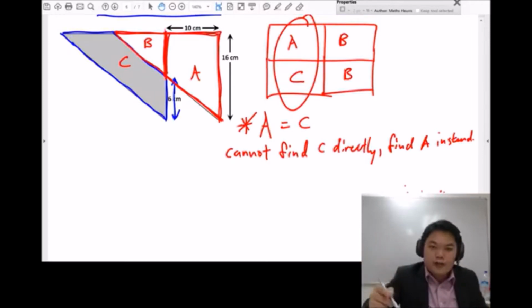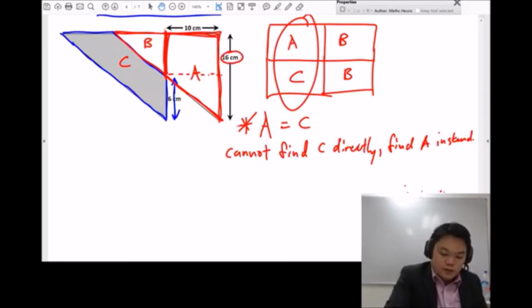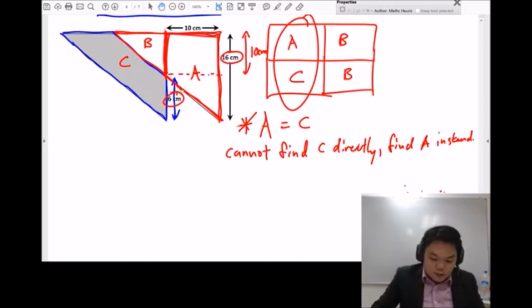So how do we find its area? Here we have to draw out the lines as well and cut it into two segments. First, a rectangle. Top part here is a rectangle, and then a triangle over here. So since this length is 16 and this length is 6, this length must be 10 cm. So from that rectangle, it is now a special case because its lengths are equal. It is now a square.